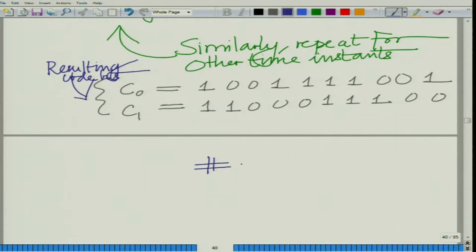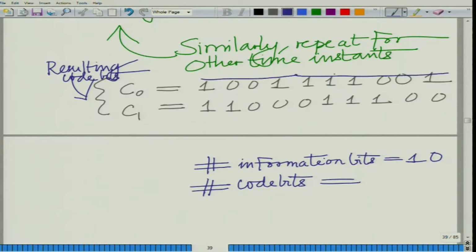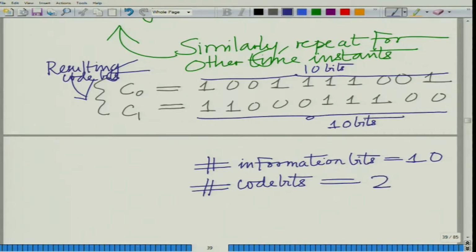So if you look at this, number of information bits equals 10, and number of code bits that are output is 10 plus 10, that is C0, you have 10 bits for C0, correct, 10 bits, and 10 bits for C1, that is equal to 20.